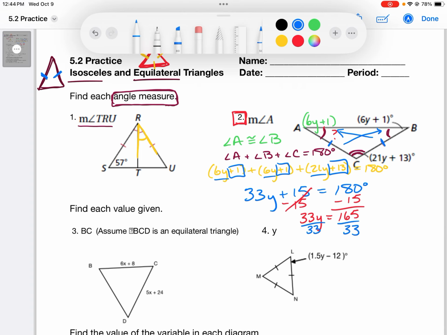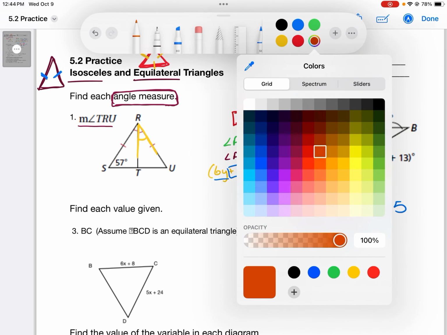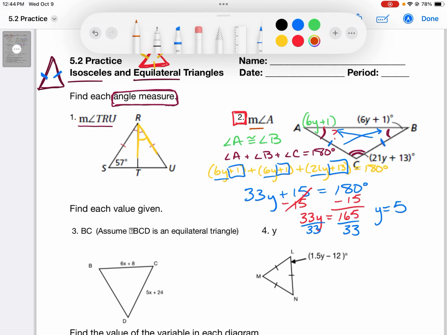Then I would divide both sides by 33, and y equals 5. So that's really helpful, although it is not what the problem asked me to solve for. Ultimately, the problem asked me to solve for the measure of angle A, which means I need to take this y equals 5 and plug it into the equation for A.